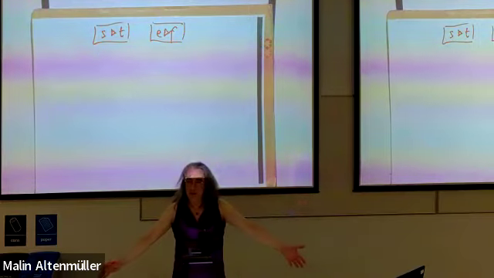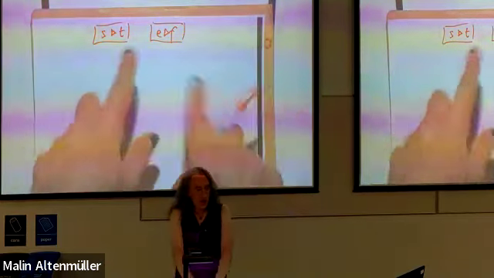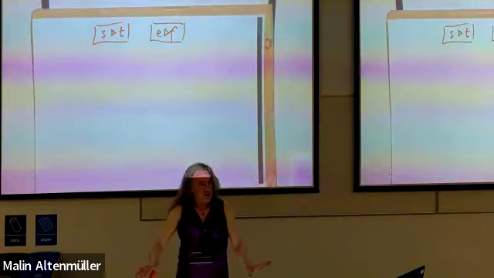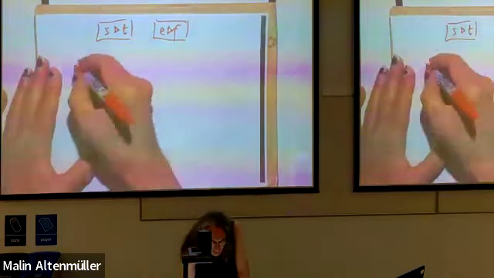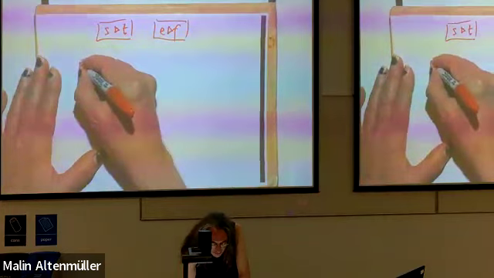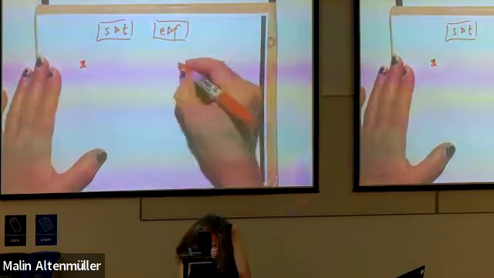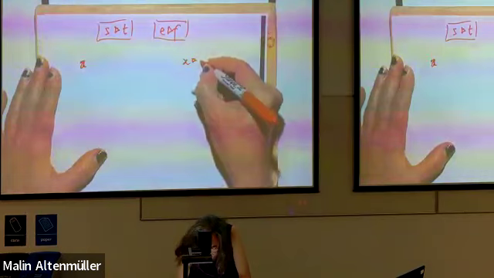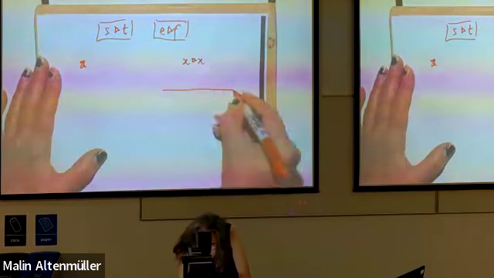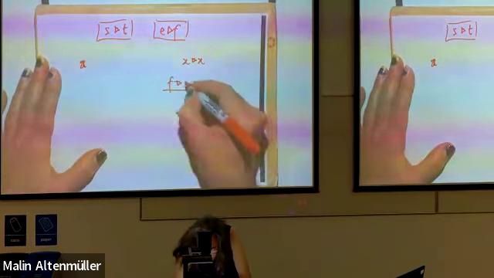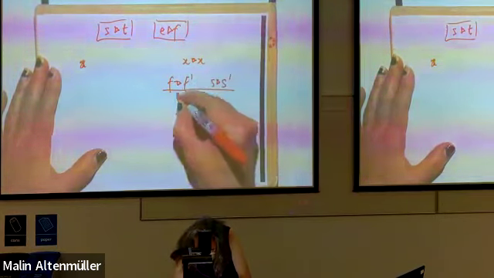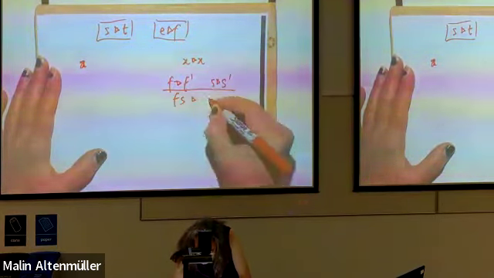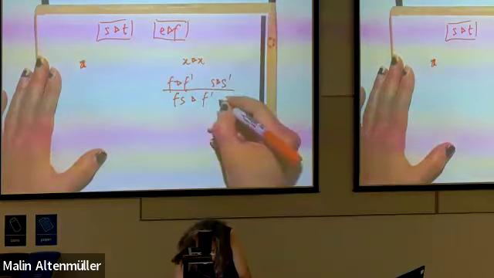absolutely everything. These relations are closed under all constructions. So in particular, we will have that a variable reduces to itself. If f reduces to f prime and s reduces to s prime, then f s reduces to f prime s prime.